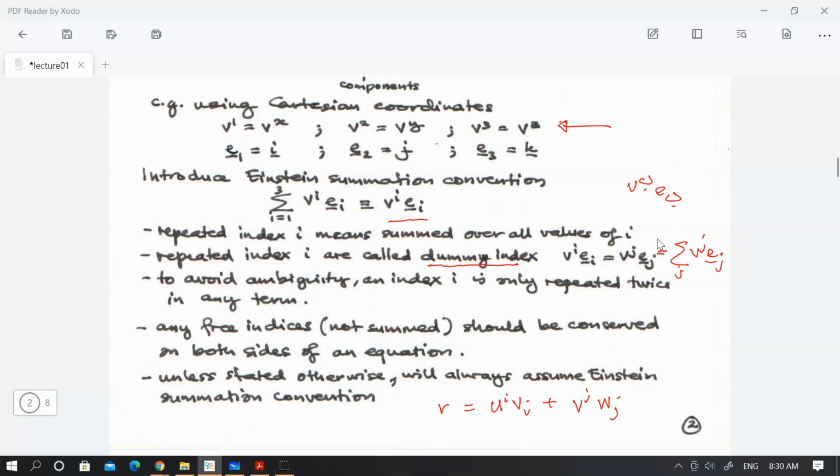Over here, this is what we call one term. In one term your index can only appear twice, the same index.